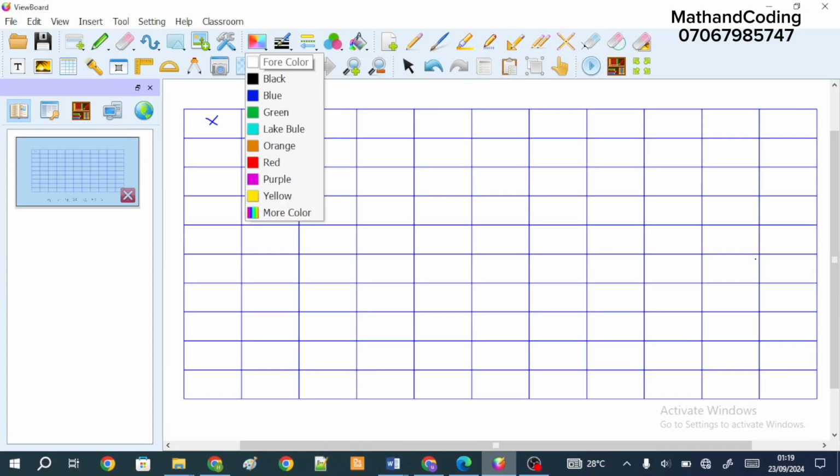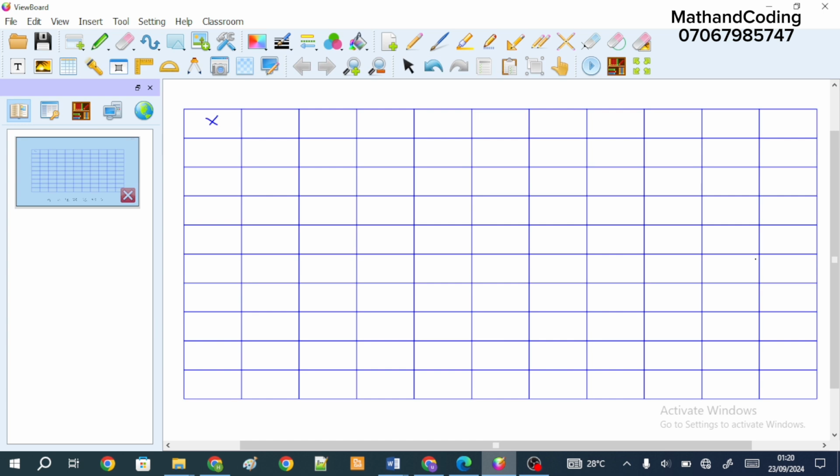So let's dive in. In this worksheet, we have a table. The first column and row here, I'm going to write times. At the top, I'm going to write 0 to 9: 0, 1, 2, 3, 4, 5, 6, 7, 8, and 9.